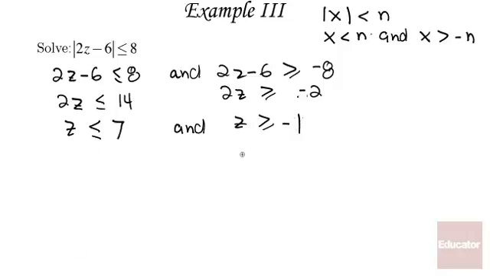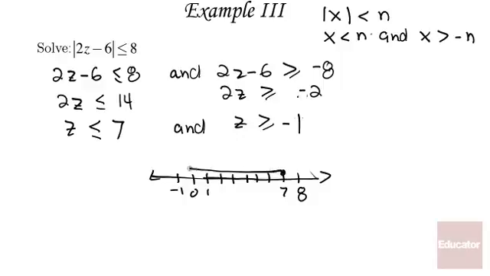You can either leave this as it is, or you can go ahead and graph it out. And since this is and, the solution set needs to meet both of these conditions. So -1, 0, 1, 2, 3, 4, 5, 6, 7. A little more. Let's go to 8. Okay, so z is less than or equal to 7. So this is going to go on and continue on. But it also has to meet the condition that z is greater than or equal to -1.